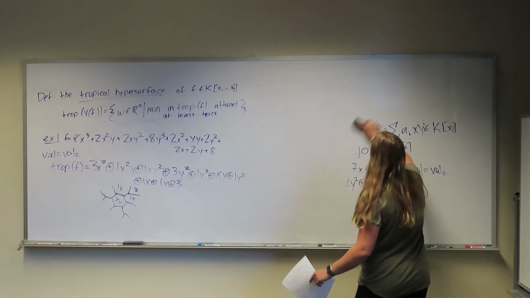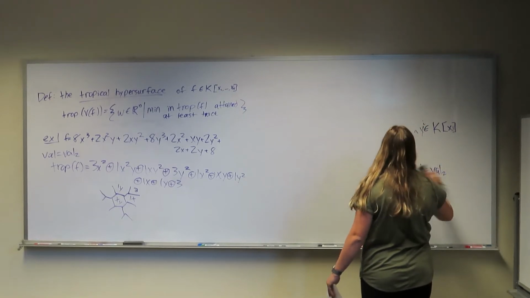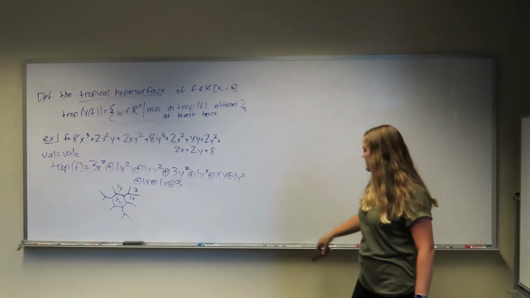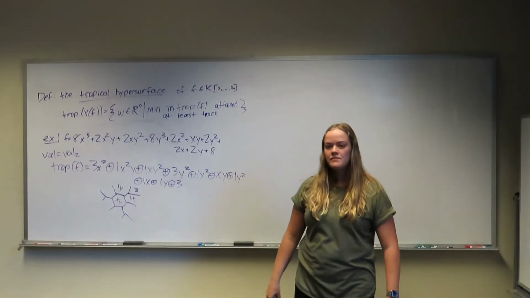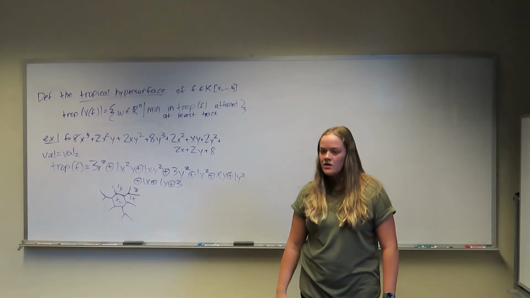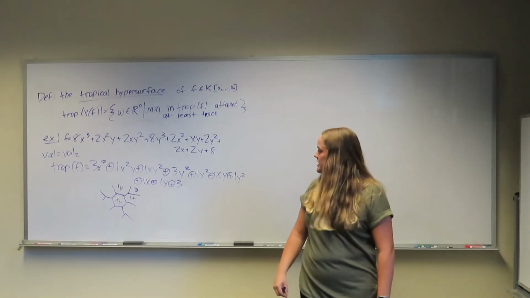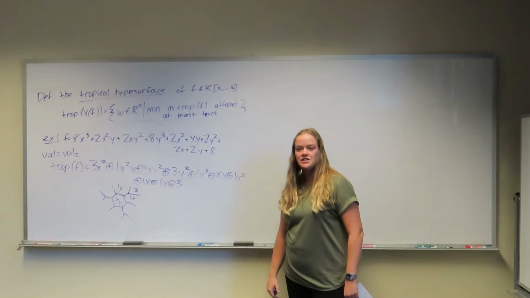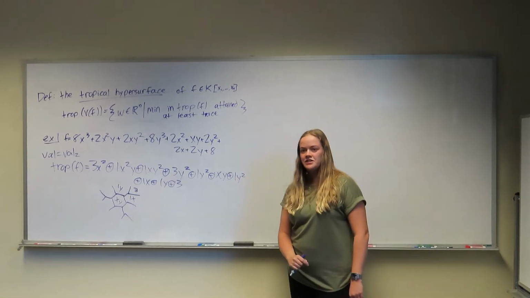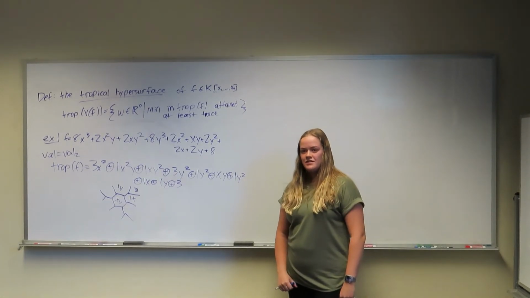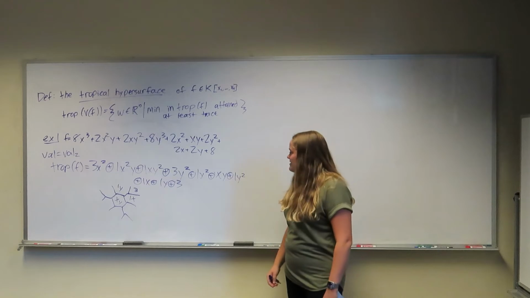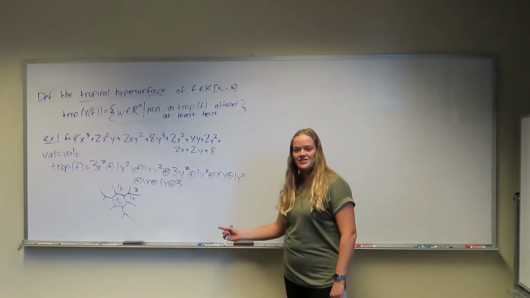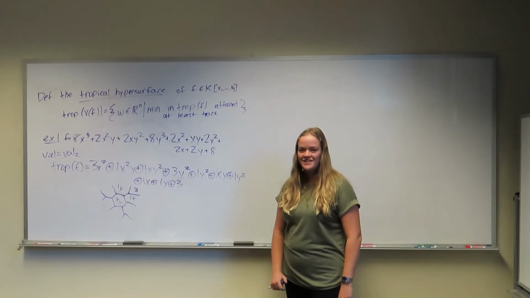If you chose a different valuation, can you say anything about how the hypersurfaces would change? It probably will change because your coefficients are going to change, so your Newton subdivision is going to change. But I don't have an example off the top of my head.